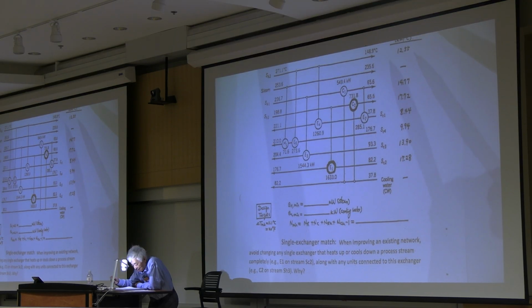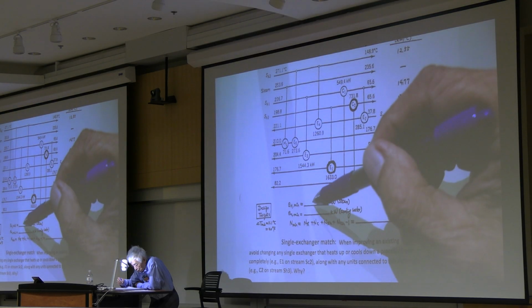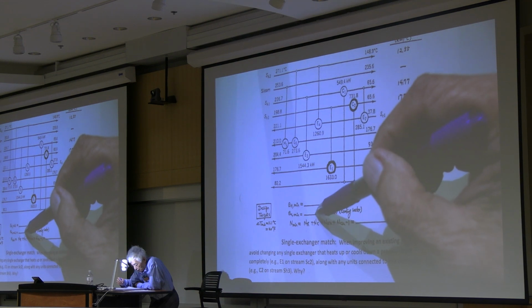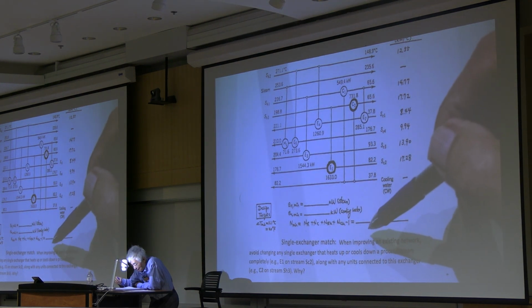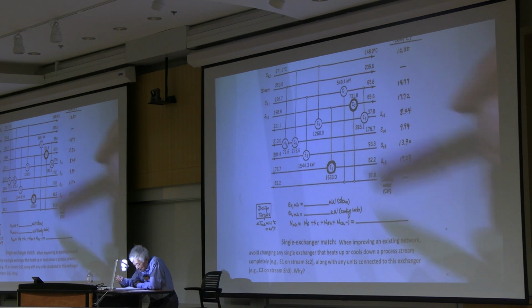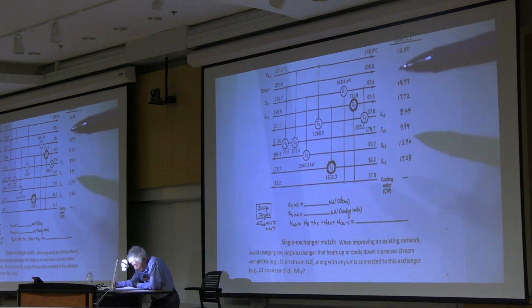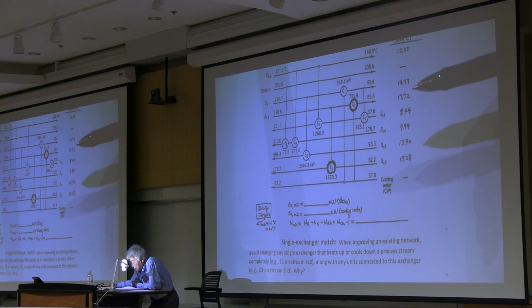When you do pitch analysis, you find out QH min, QC min, number of units. And people put base network like that. How do you simplify it? There's a few heuristic rules we're going to teach you next week.